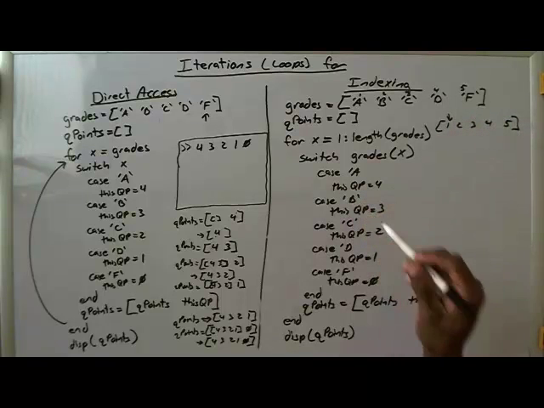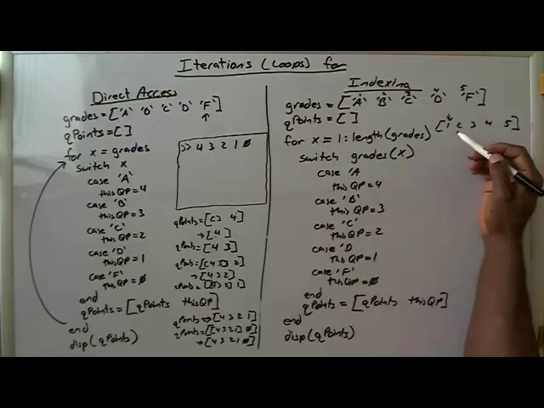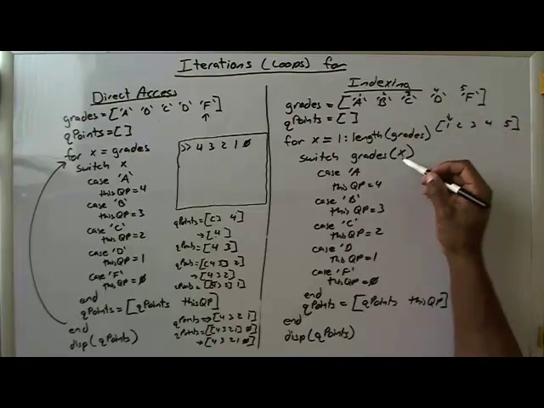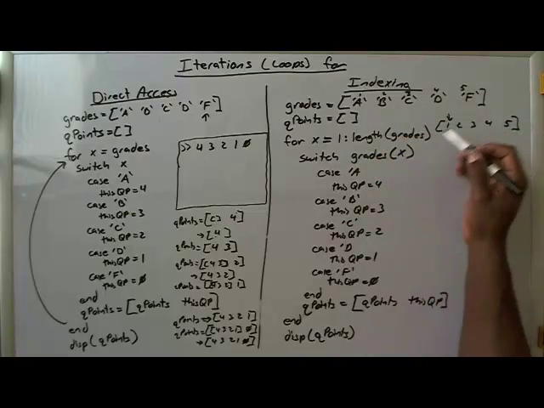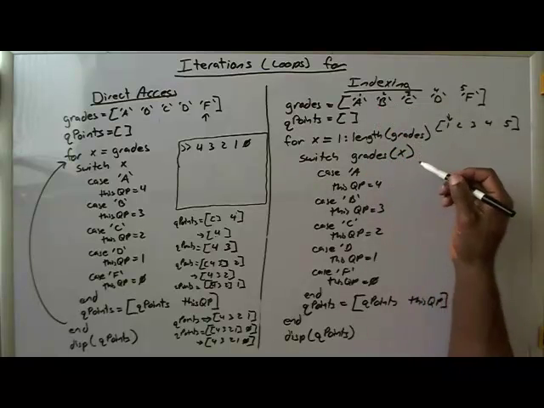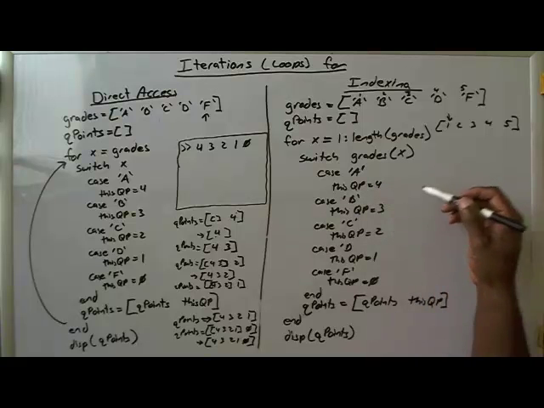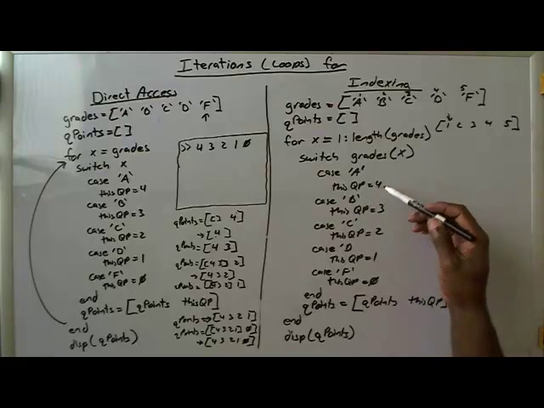I come down here and I do my switch on grades indexed at x. In this case, x is 1, so grades indexed at 1 is A. So we're switching on the value A. In case that value is A, then this QP equals 4. This QP now equals 4.